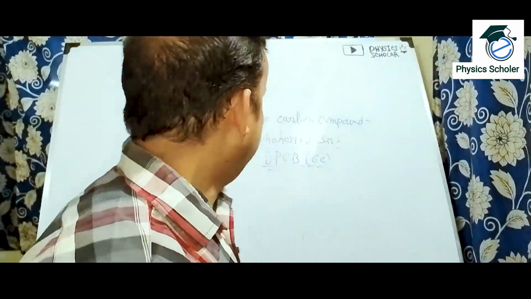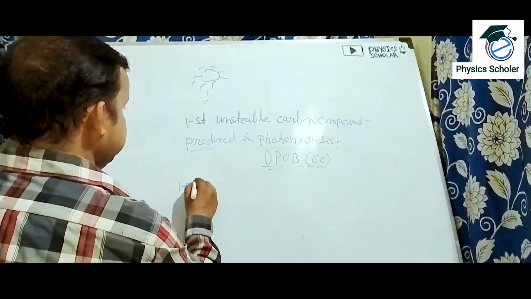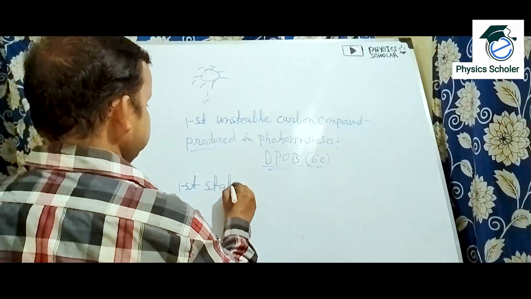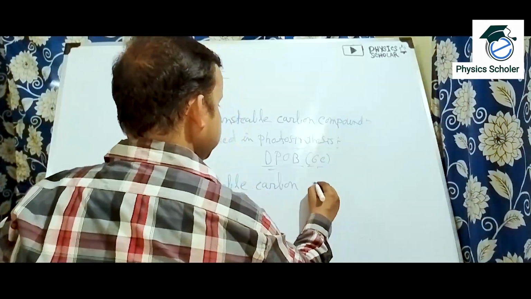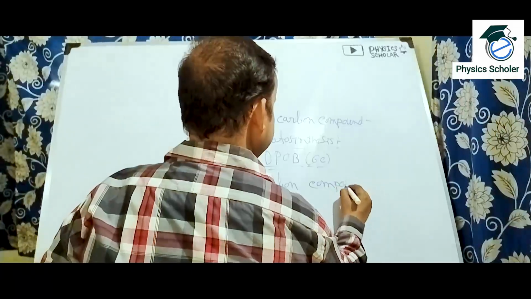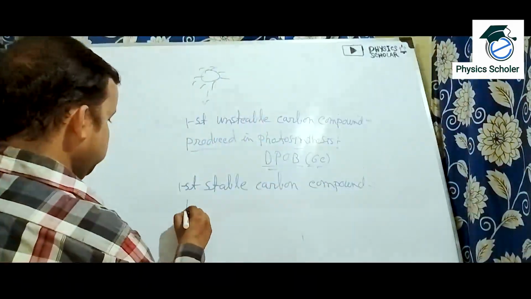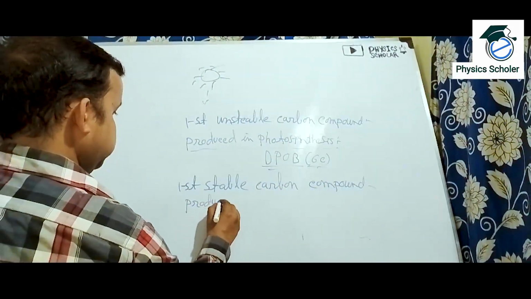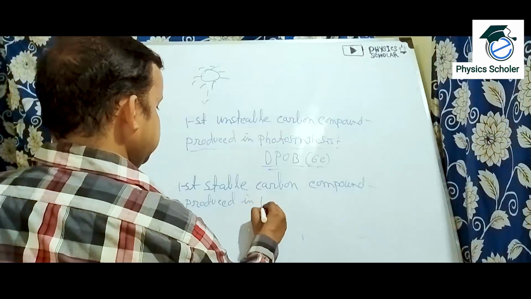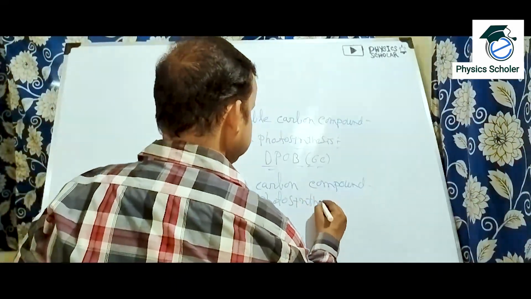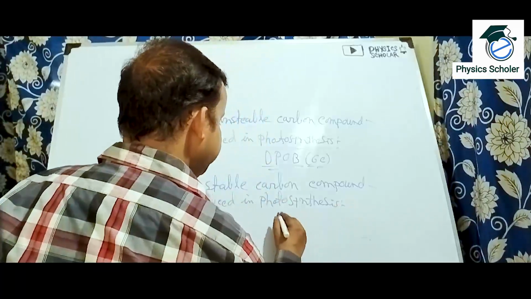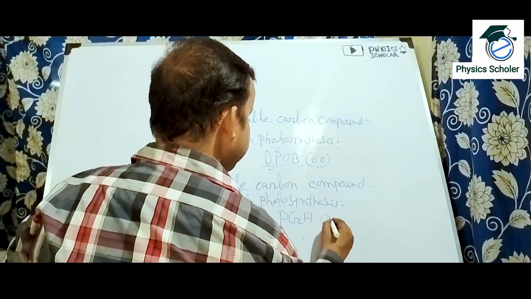Now, the first stable carbon compound produced in photosynthesis is PGA, phosphoglyceric acid.